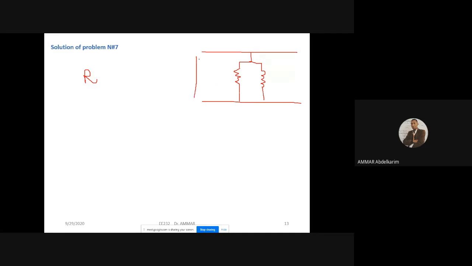This is V1, or V0, which indicates the no load state, and here we have I0, RC and XM.